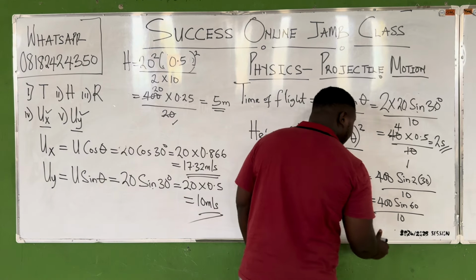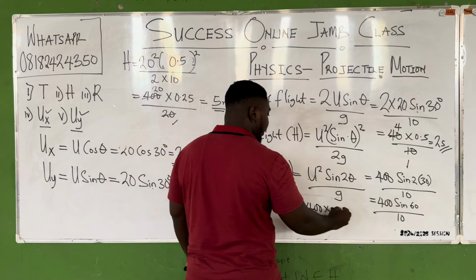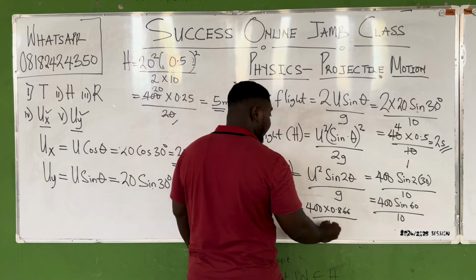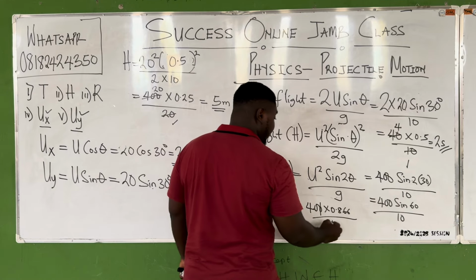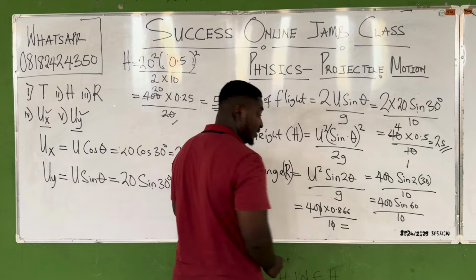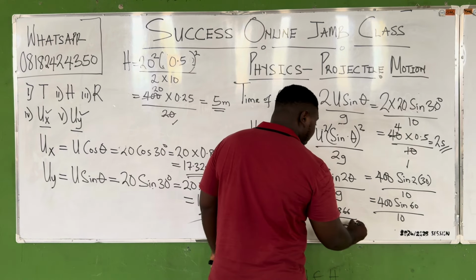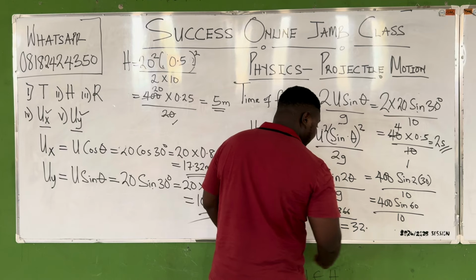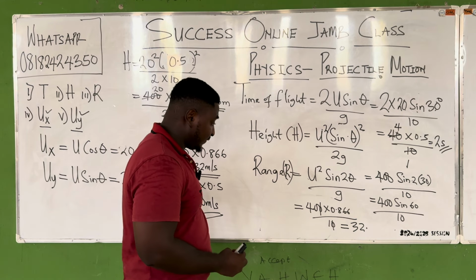Sine 60 degrees is 0.866. So we're going to have 400 times 0.866 all over 10. A 0 can cancel one 0 here, so that we have 40 multiplied by 0.866. If we do the math well, I think we're going to have something like 32 point something. Let us get 40 multiplied by 0.866.